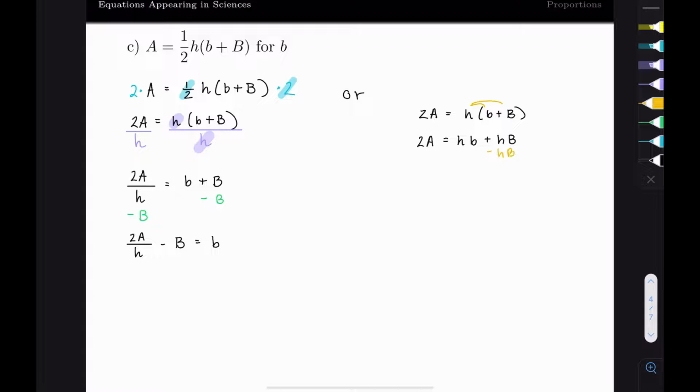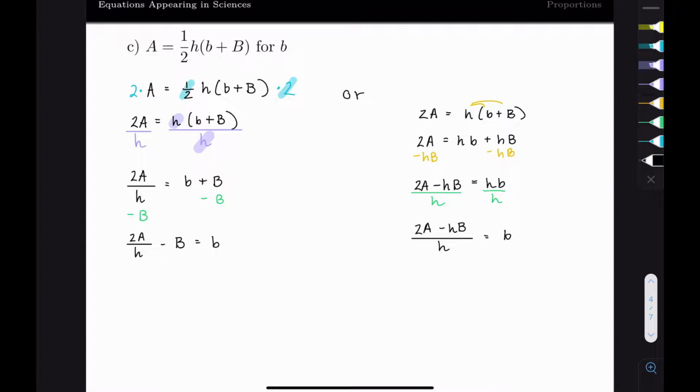So we subtract the hb. And that gives us 2a minus hb equals h little b. And then from here, to get rid of this h attached, we divide by it. And so it gives us 2a minus h capital B over h equals our little b.